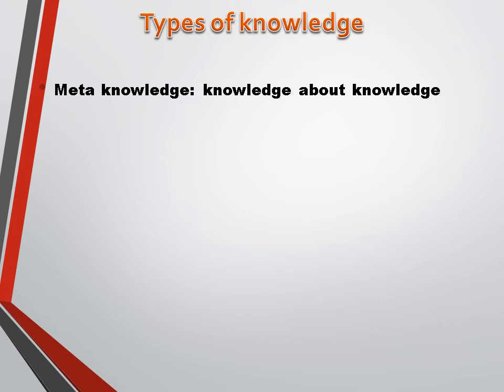That is, why and how the knowledge is working, where the knowledge is working. If I lose it, what is going to happen? If I gain more knowledge, what am I going to gain? So if a person has knowledge of all these things, it is said that they have meta knowledge. They have knowledge about the knowledge.